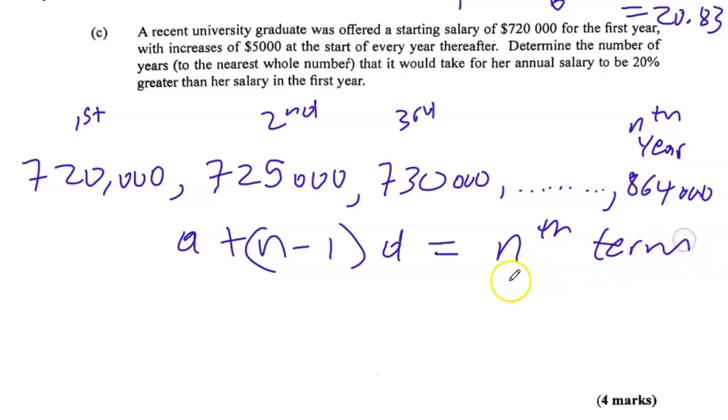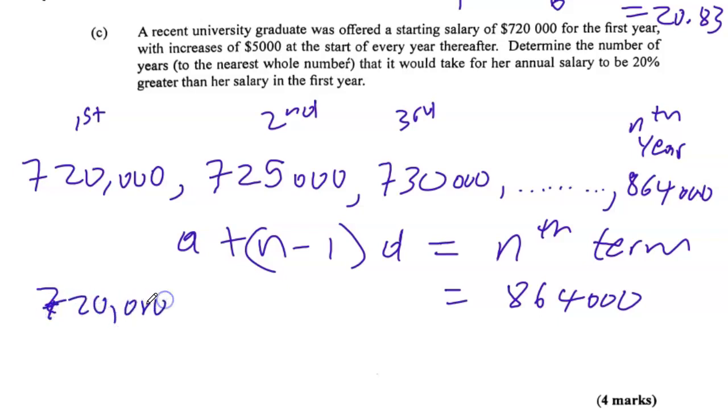In this case, we're talking about the nth year, and the salary for the nth year would be 864,000. a is the first term, 720,000, plus n minus 1, and the common difference is 5,000.